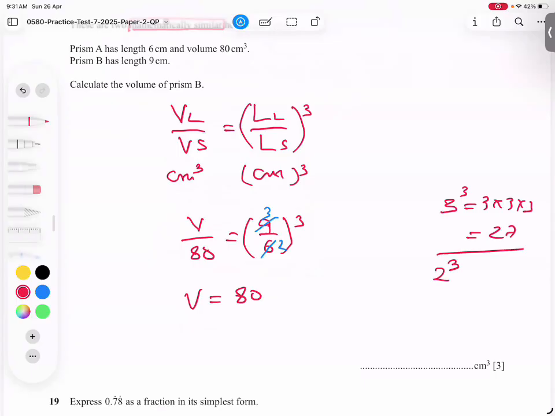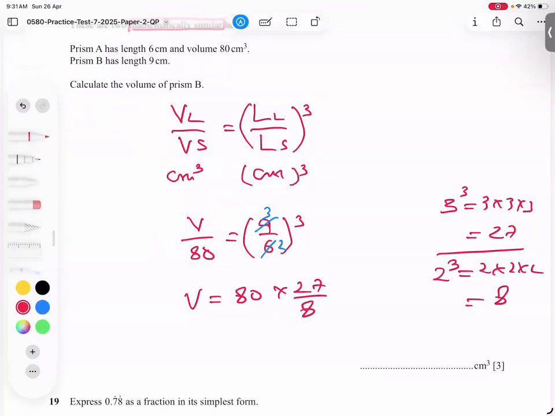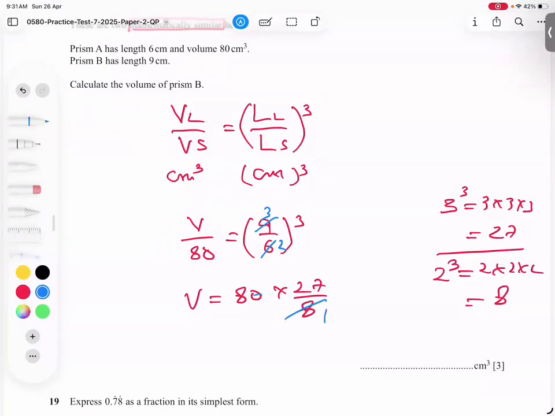And 2 to the power 3 is 2 into 2 into 2, which gives us 8. So I'm getting 27 by 8. So 8 times 10 is 80, and we are getting volume equal to 270 centimeter cubed. I hope the point is very clear.